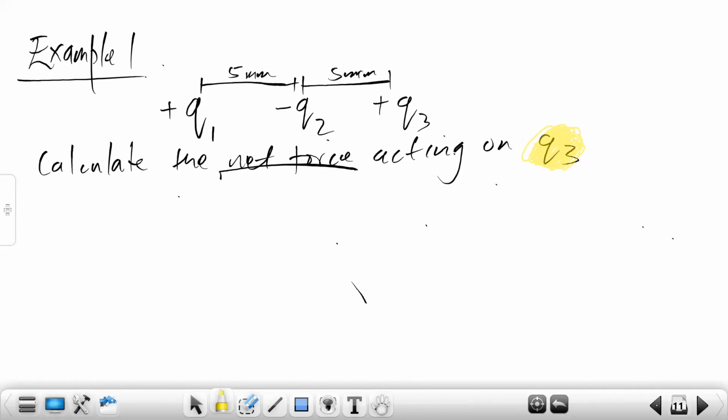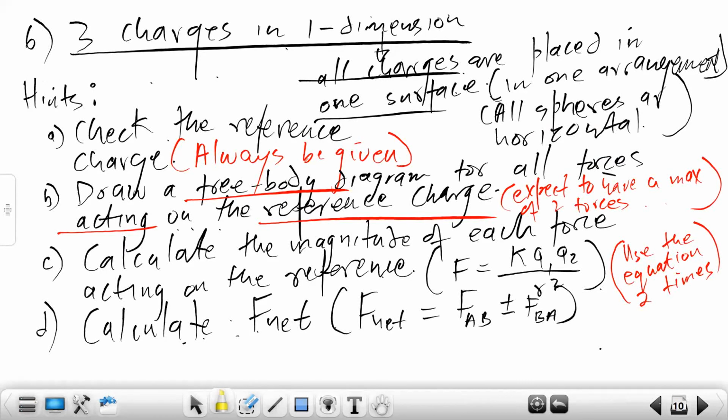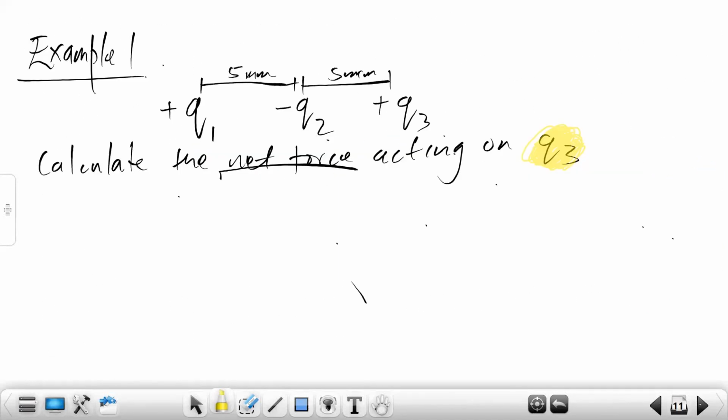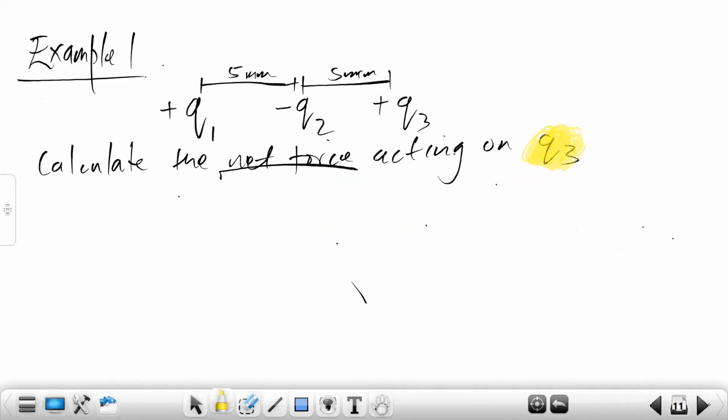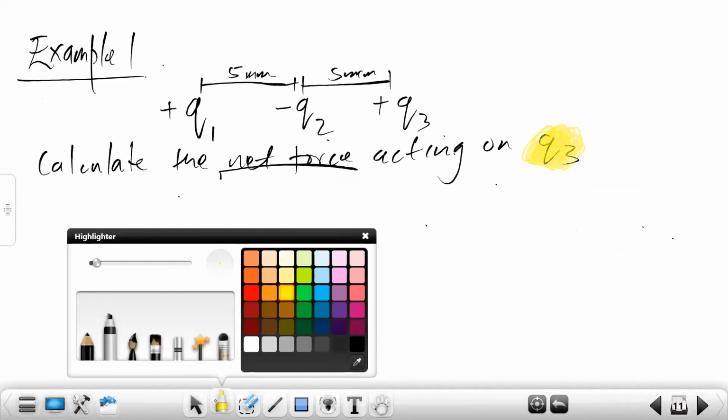So I want us to go back and say, have we identified our reference charge? Yes, we have, because the instruction is clear that we are working with Q3. Happy. Then can we draw a free body diagram of all forces acting on the reference charge, and expect to have a maximum of 2 forces. So we are going to try and draw for Q3.